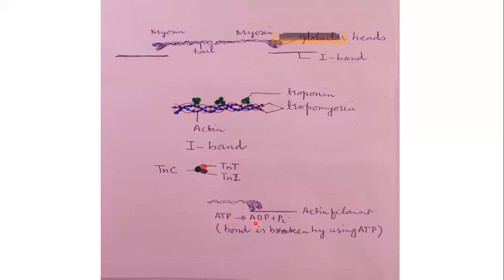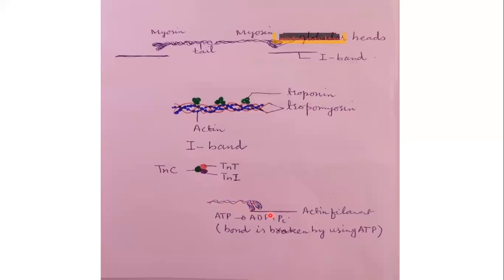ATP is broken down into what? Into ADP and inorganic phosphate. As a result, energy is released, which is used to break the bond between the myosin head and the actin filament, and then the actin filaments move back to their original position. Students, keep this in your mind that during the sliding filament model or during muscle contraction, myosin molecules remain stationary.